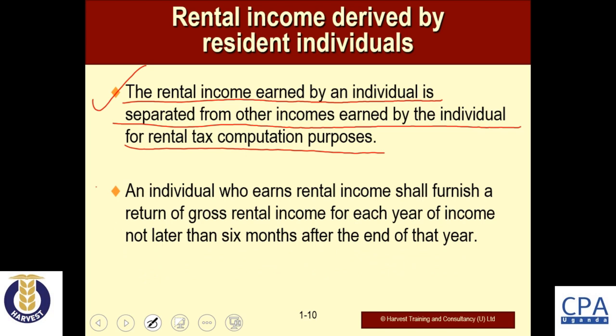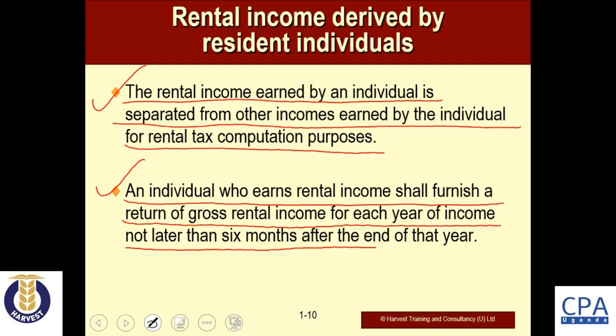In bullet number 2, we are saying that an individual who earns rental income is supposed to furnish by law a return of their gross rental income for each year of income, not later than 6 months after the end of that financial year.